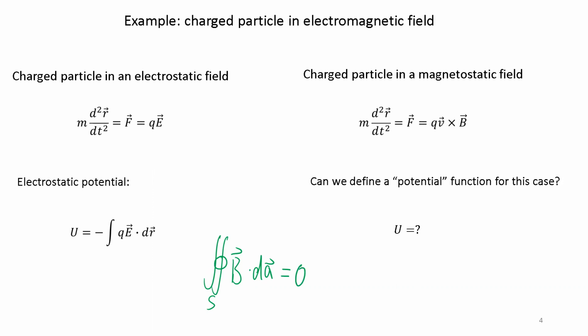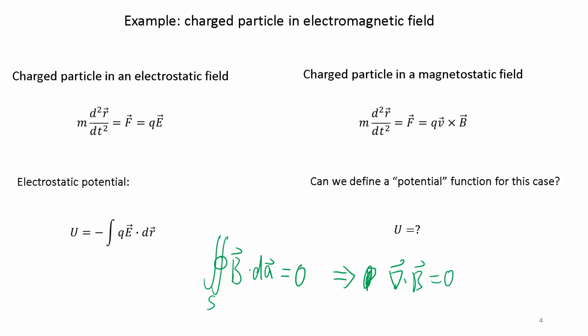That's the general property of the magnetic field, and in fact, this is one of the Maxwell equations. By using the divergence theorem, you still remember that, that would imply that the divergence of B has to be zero everywhere.